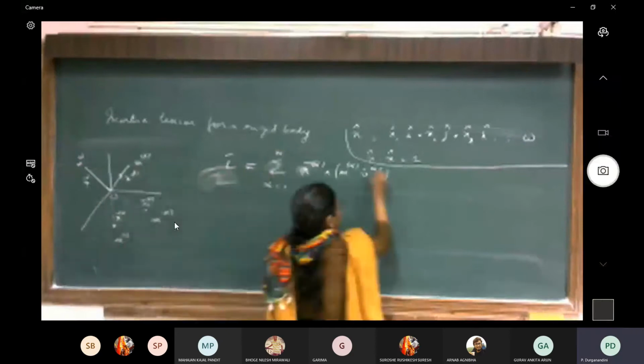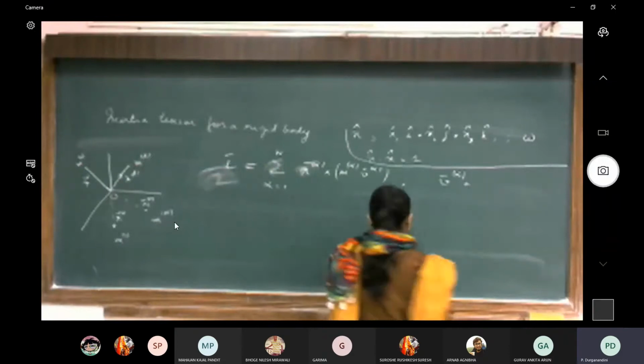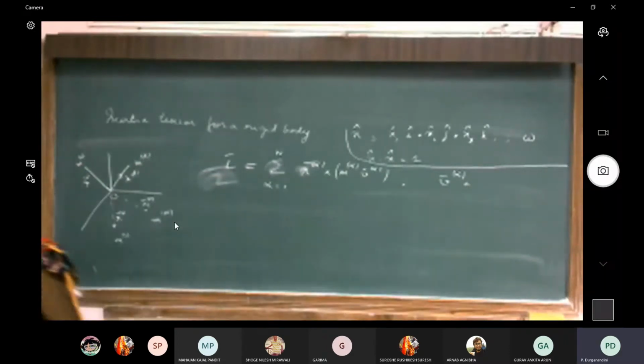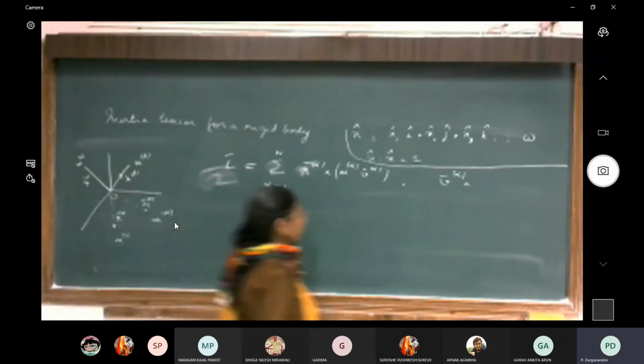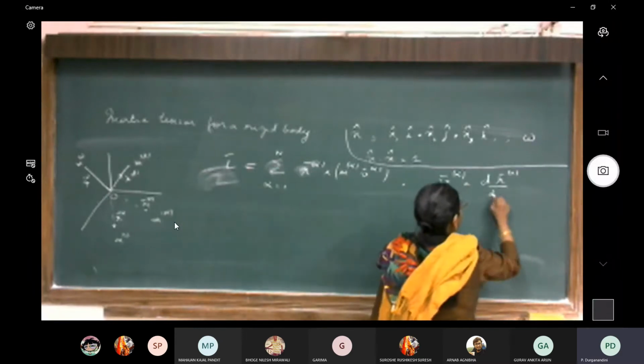And then you use the fact that the velocity V alpha of the alpha particle can be written as, by definition, dR alpha by dt.